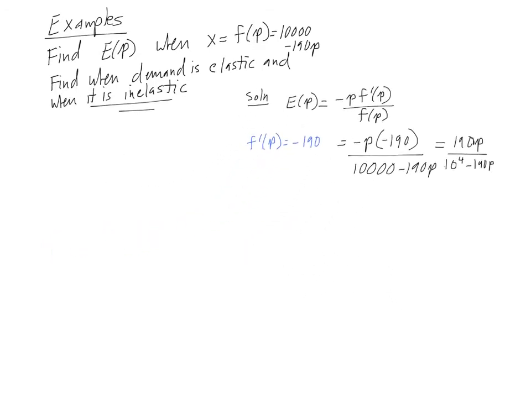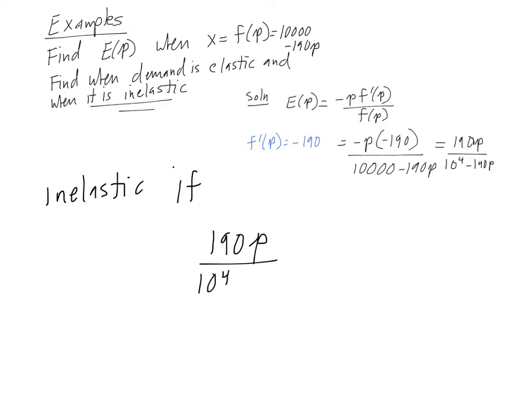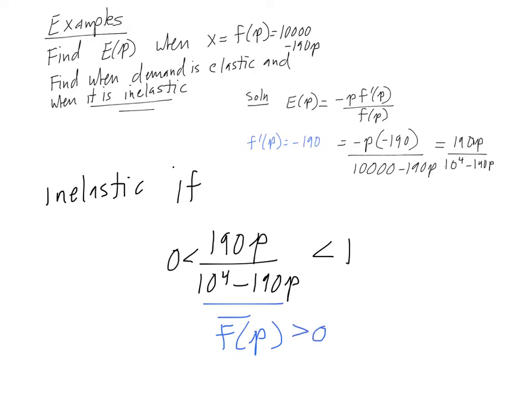Okay, so let's do so. Inelastic if 190p over 10 to the 4th minus 190p is between 0 and 1. Notice here this is just f of p. We know that the amount of goods that individuals demand is always going to be strictly greater than 0.